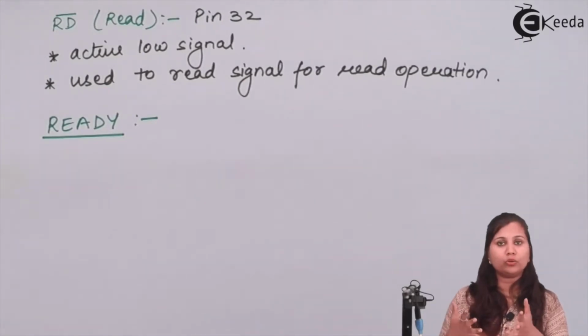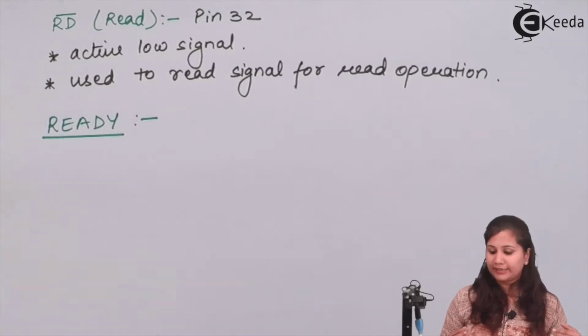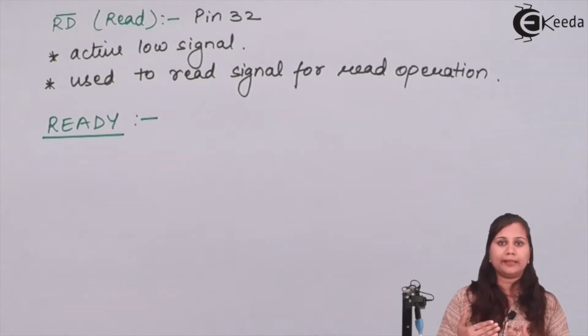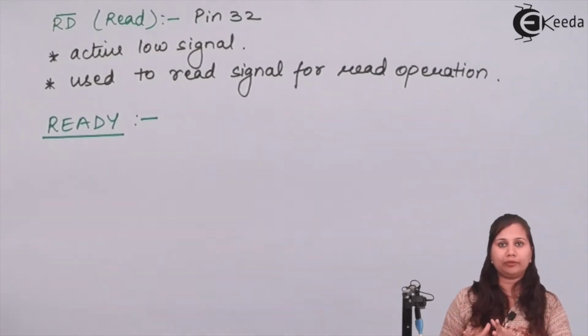So if they want to cope up with the speed of the 8086 microprocessor, they send this ready signal. The microprocessor waits for some time until the input output devices match up with its speed, and when they are ready for communication with the microprocessor, they send this ready signal.